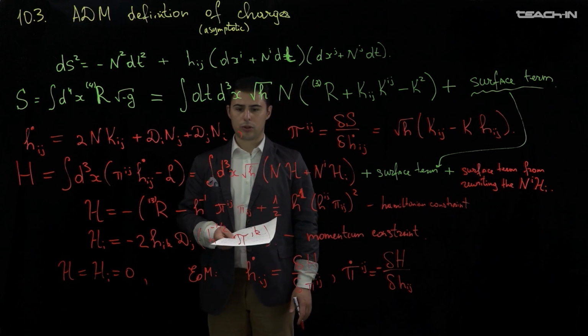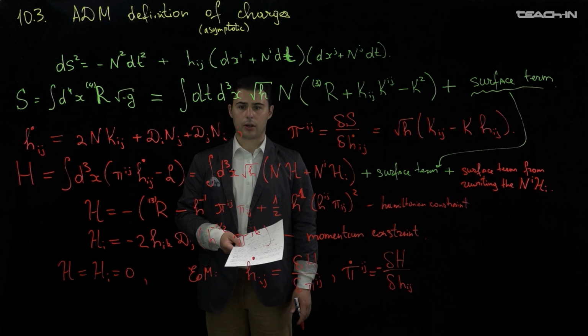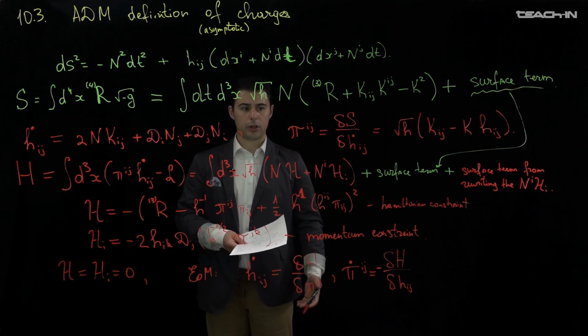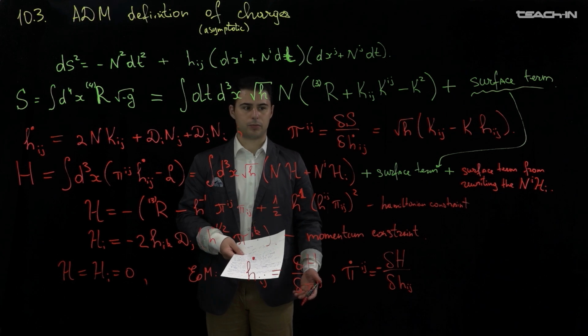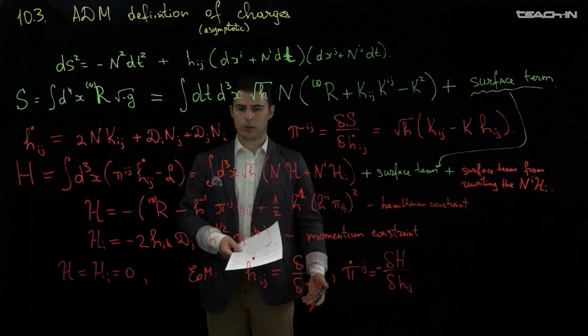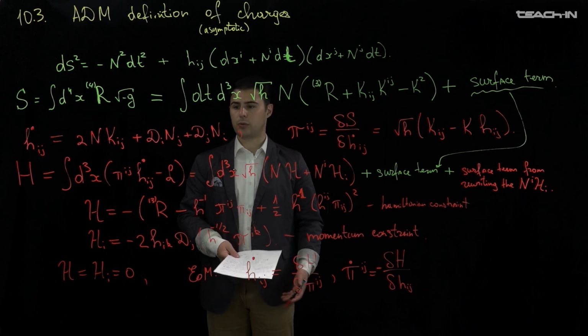This leads us to an interesting observation that if you consider a closed universe, that is the universe that doesn't have a boundary, naturally all surface integrals would be 0, since there is no boundary. So for a closed universe, even in the presence of matter, the total energy would be 0.